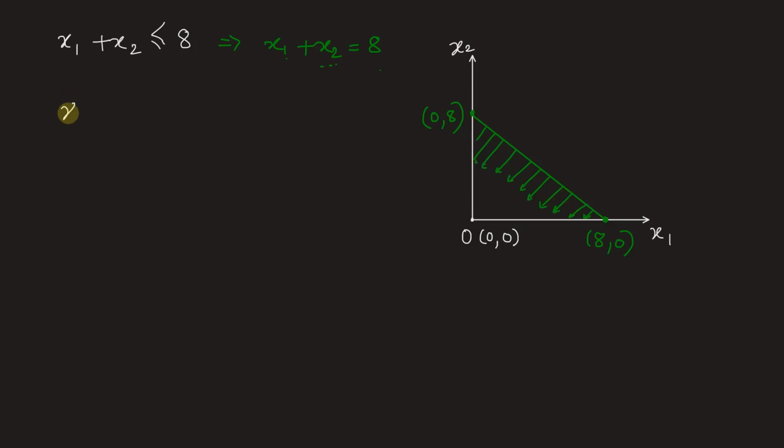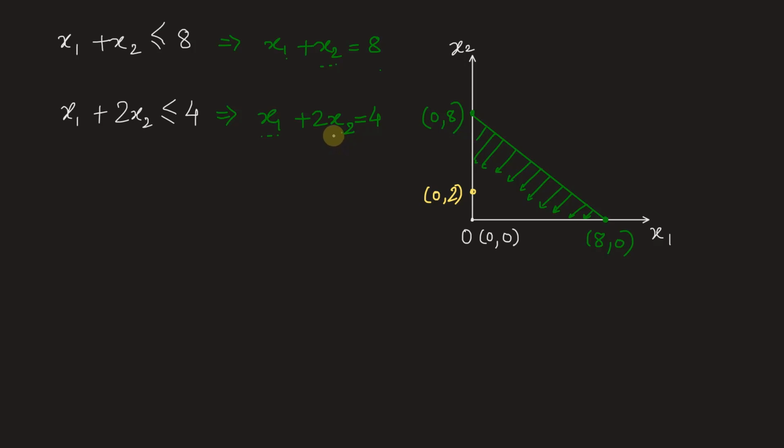The second constraint is x1 plus 2x2 is less than or equal to 4. Again, converting this inequality to equality in order to plot it, x1 plus 2x2 is equal to 4. Putting x1 as 0, we get x2 is 2. So this becomes 0, 2 somewhere here.